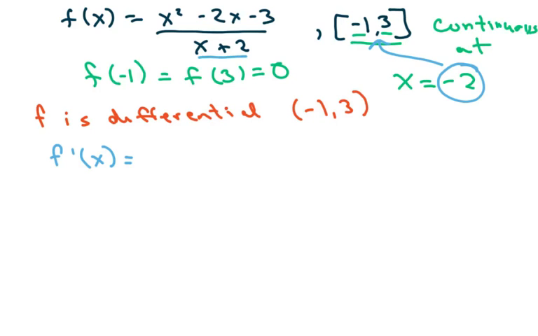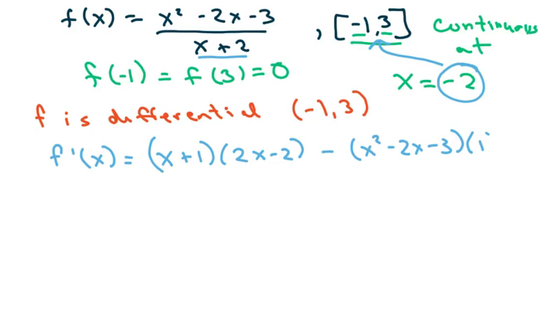I'm going to write down my denominator times the derivative of the numerator, minus my numerator times the derivative of the denominator, all over (x plus 2) squared.